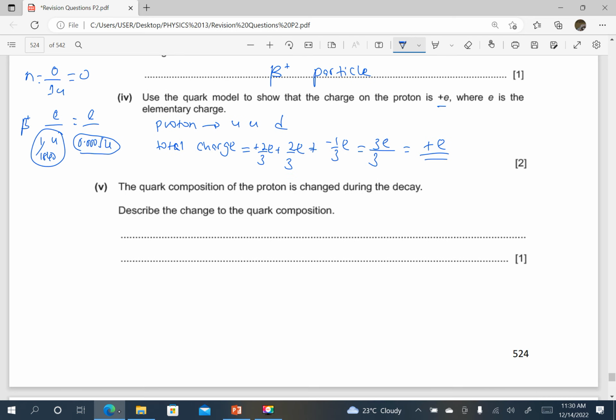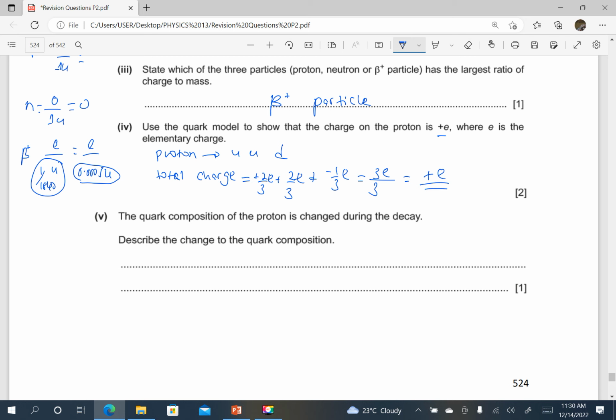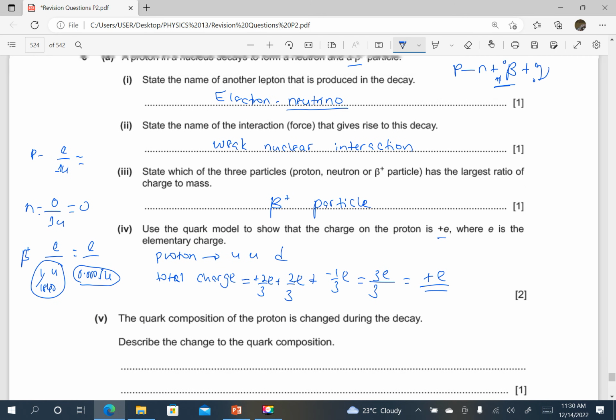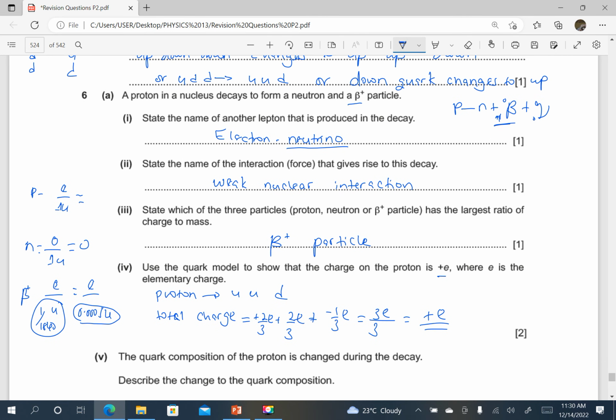The quark composition of the proton is changed during the decay. Describe the change to the quark composition. So they have told us that a proton in the nucleus decays to form a neutron.